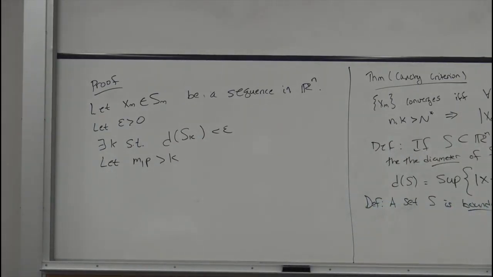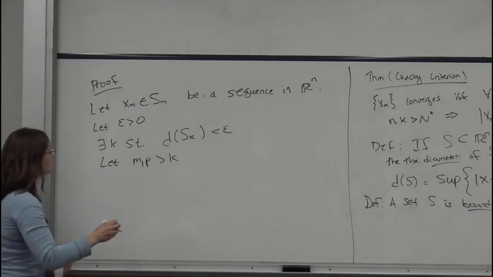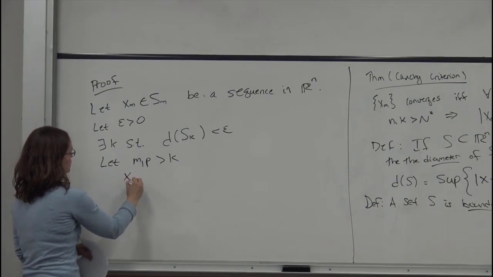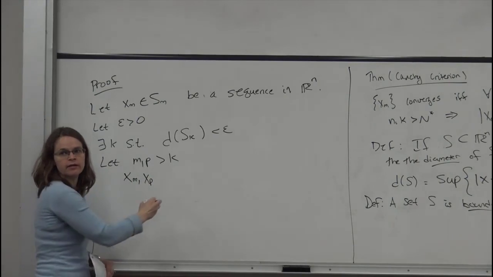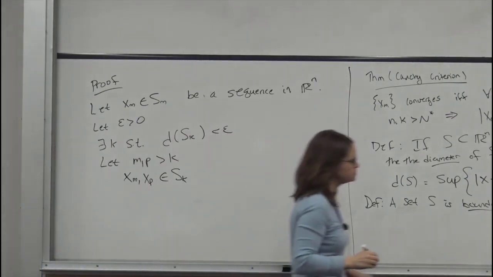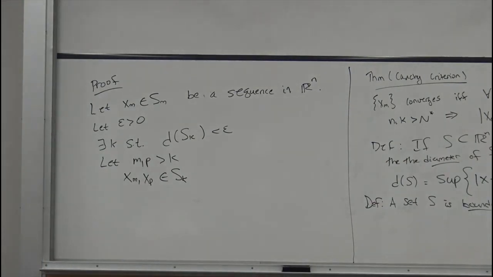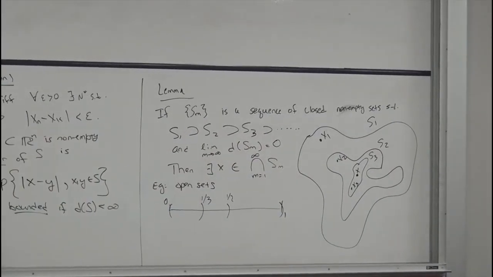So if we're beyond this, then xm and xp both belong to Sk, right? Say my k was 2. I've picked m and p beyond that. As long as I've gone beyond that, I'm always going farther inside, farther inside, farther inside. So these later points live in that original set.